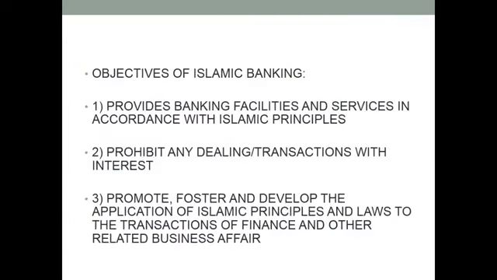All right. Now let's look at the objective of Islamic banking. The first objective of Islamic banking is to provide banking facilities and services in accordance with the Islamic principle.